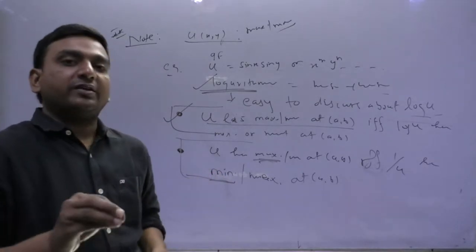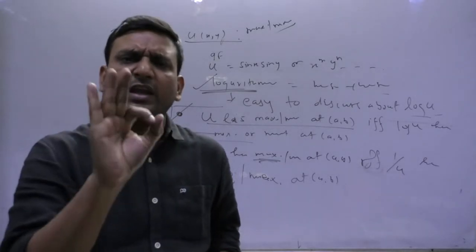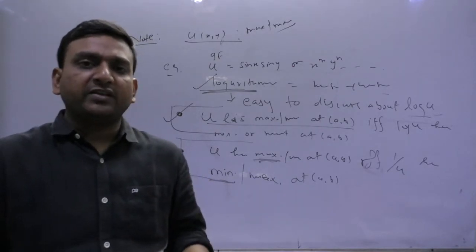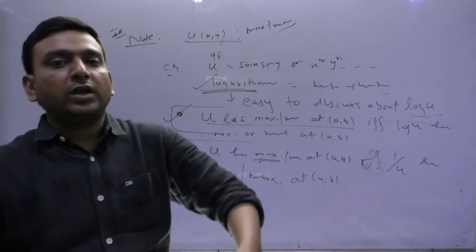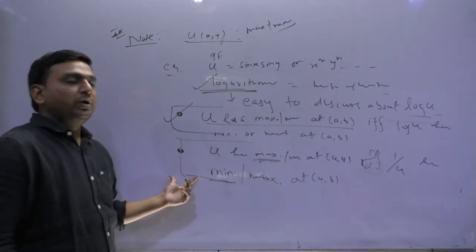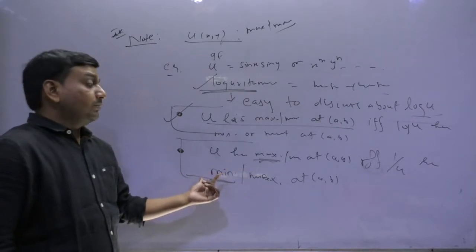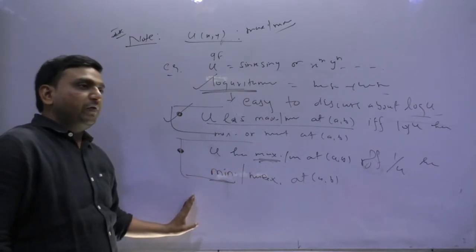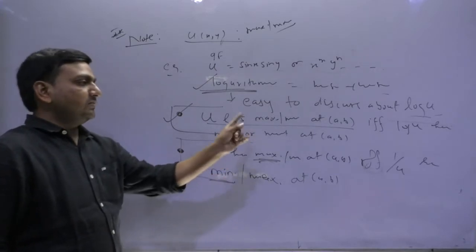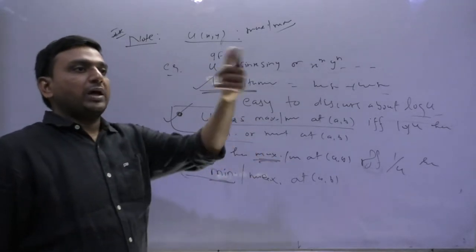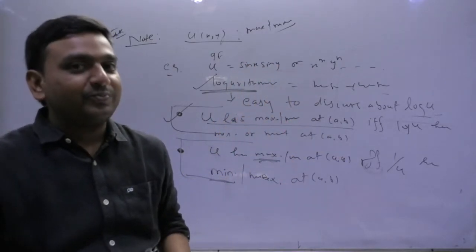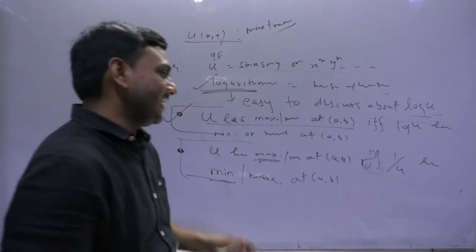In some expressions you may feel that instead of working with u, it is easy to work with 1 upon u. Then work with 1 upon u, read its nature, and reverse that interpretation in the final conclusion. Like if 1 upon u has maxima at some point, then u has minima at that point. Any doubt? Any issue? Okay.